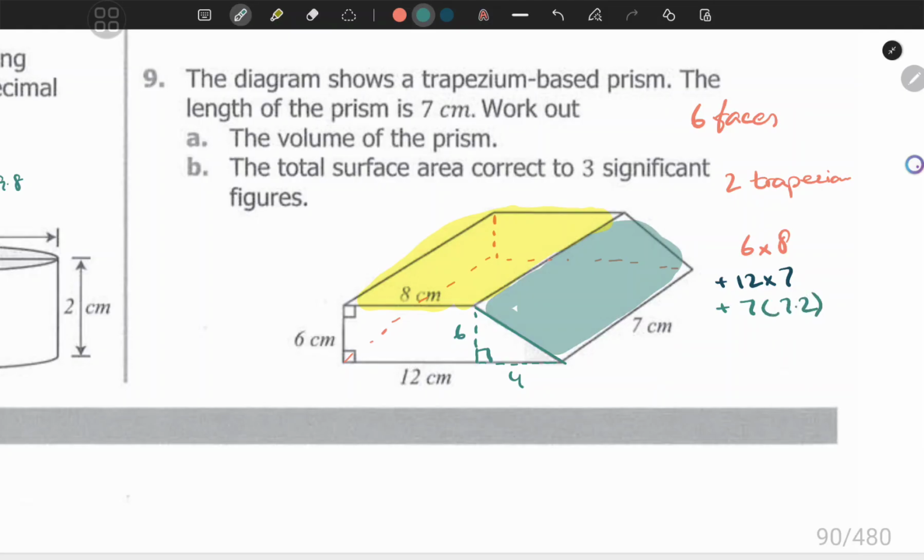And then we have the two trapeziums, which will be 2 multiplied by half into 8 plus 12 into 6, and we'll add all of these together in order to find the surface area. Why did we have 2 here? Because we have one of these trapeziums here and one of these trapeziums at the back.